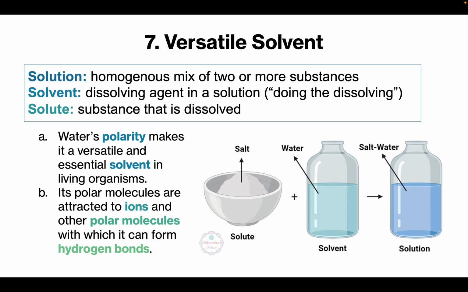What makes water a very versatile solvent is its polarity, of course, right? The polarity of the water molecule means it has charged ends, or partially charged sides, that can interact with other charged particles. So that could be other polar molecules, or it could be ions.